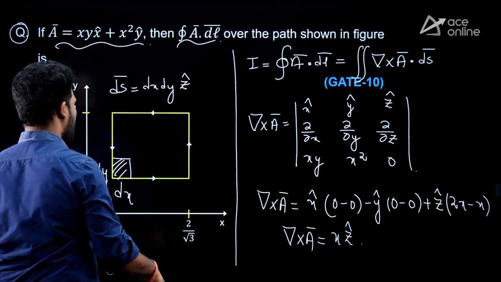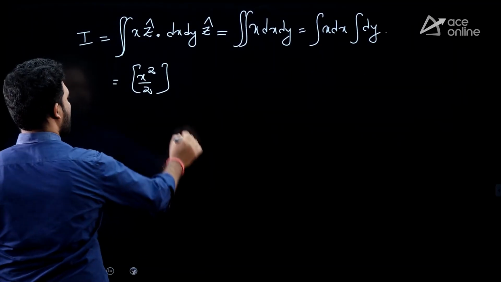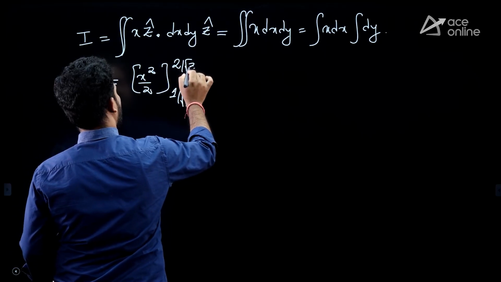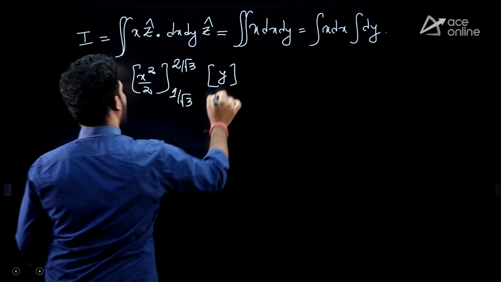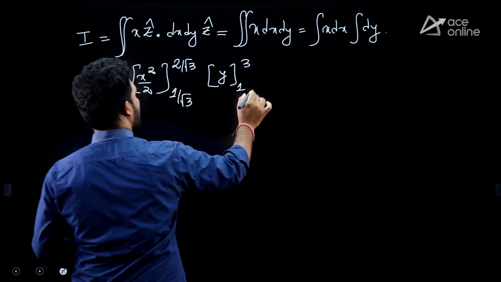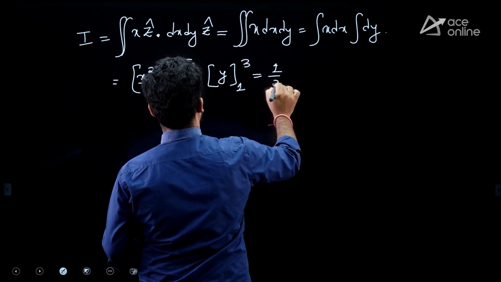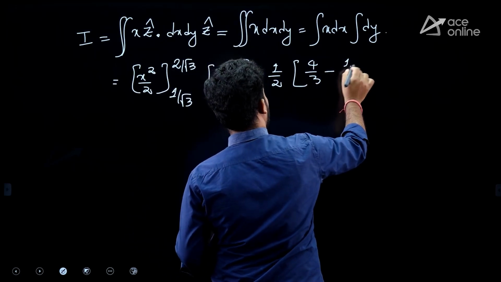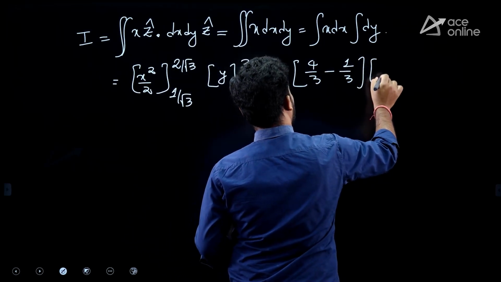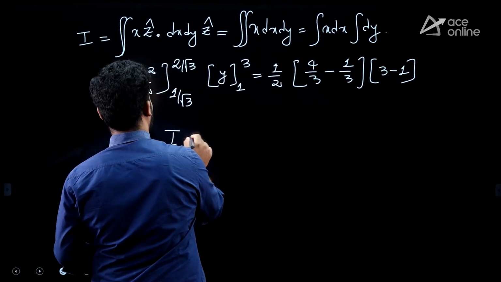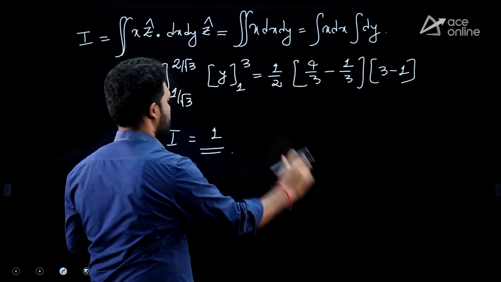X limits are from 1 over root 3 to 2 over root 3. Y limits are from 1 to 3. Upper limit minus lower limit. You can take this 1 by 2 out. It is 4 by 3 minus 1 by 3 into 3 minus 1. Clear? So integral I is equal to 1 is the answer.